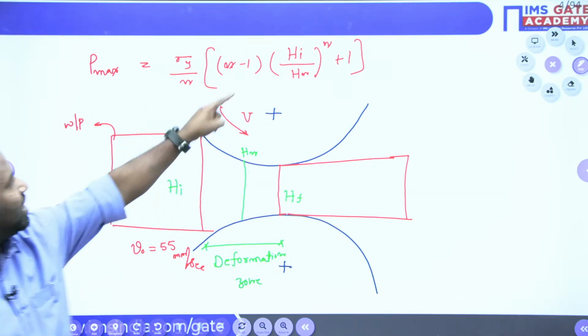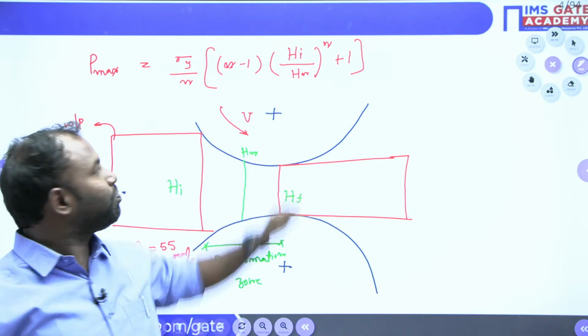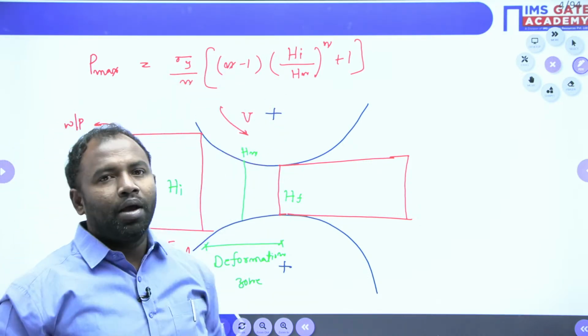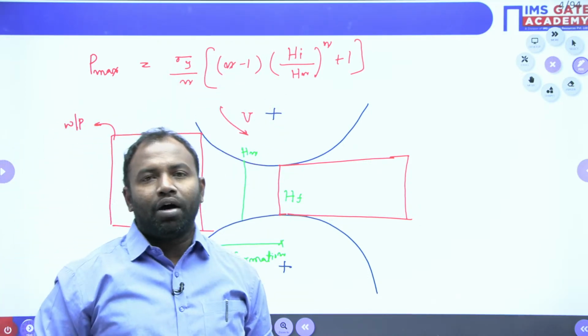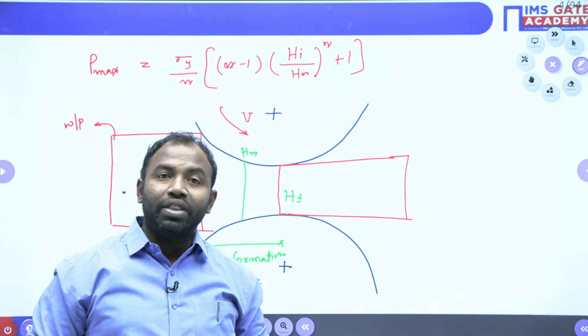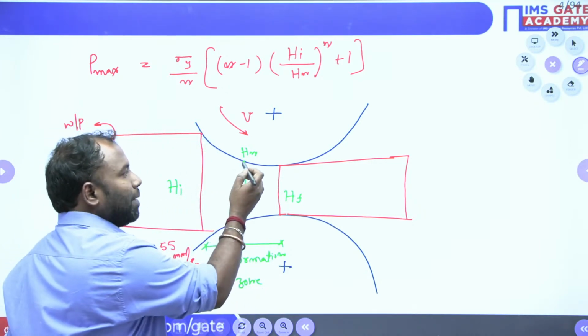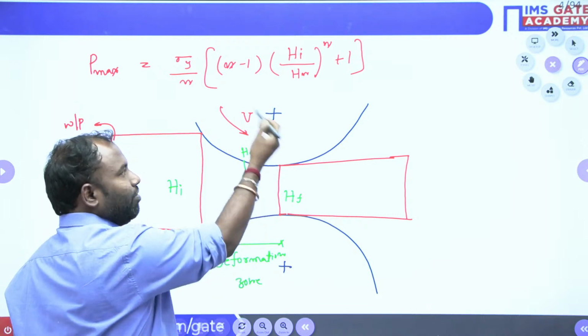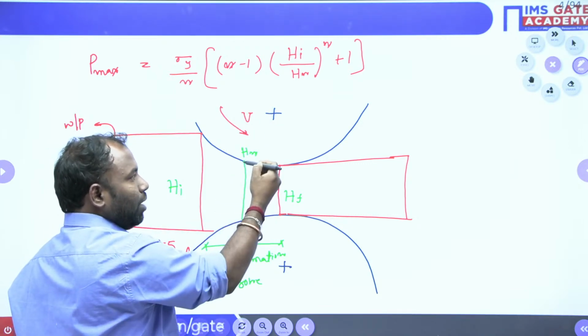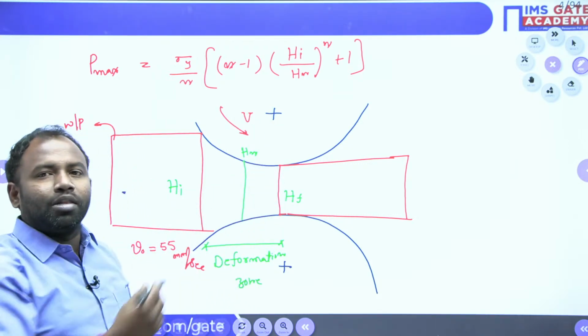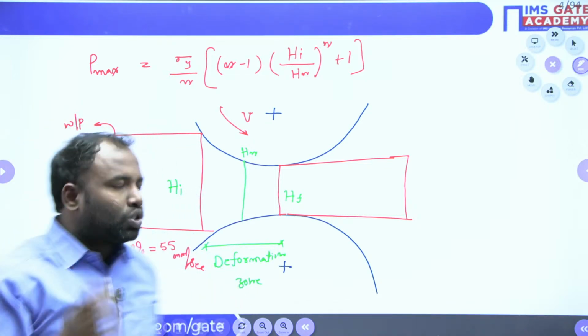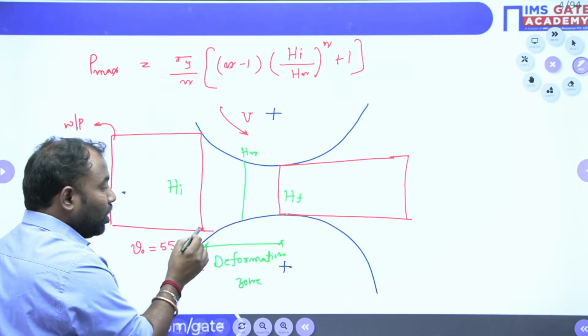If you know Hn, it is very easy to find the maximum pressure induced in the rolling operation. As we know, rolling pressure is maximum at the neutral point. Whenever the roller is in contact at the neutral point, the maximum pressure is induced. In the beginning of rolling, the rolling pressure is 0.